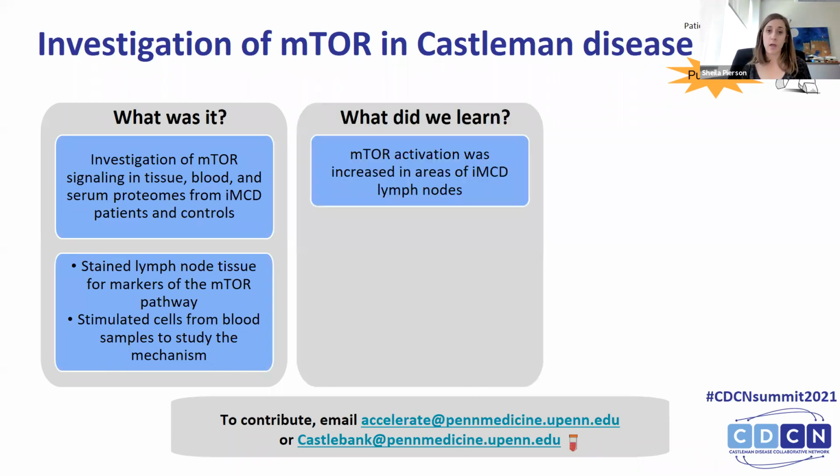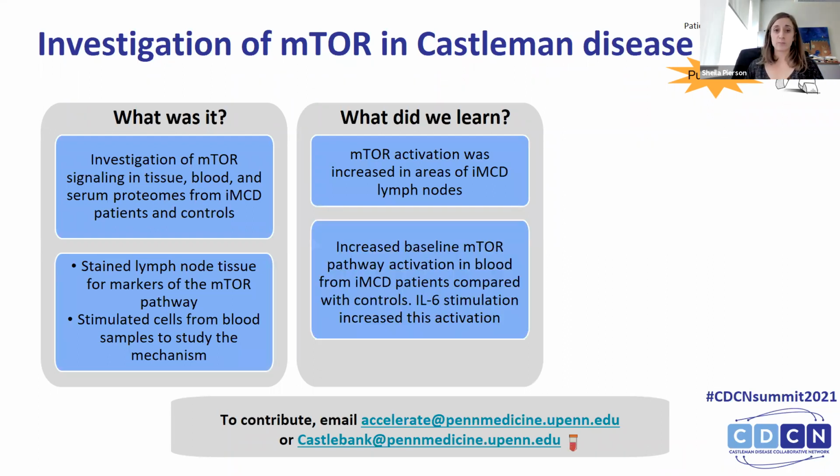And so we learned that mTOR activation was increased in areas of IMCD lymph nodes. And we found increased baseline mTOR pathway activation in blood from IMCD patients compared with controls. And also when we took these cells and stimulated them with IL-6, which we know is a driver in some IMCD patients, and we know that's capable of inducing mTOR activation, we found that there was increased mTOR.